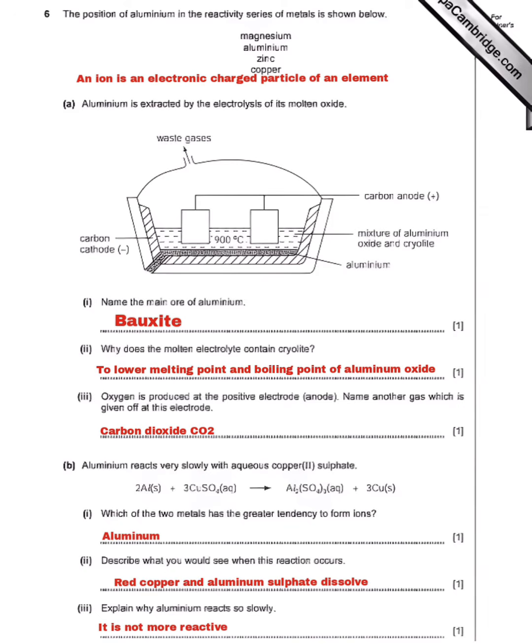Apart from that, when aluminium reacts with oxygen, it forms a metal oxide, which is aluminium oxide. That layer enables aluminium not to be reactive. If you compare the reaction between aluminium and potassium, you find that potassium is very reactive compared to aluminium.